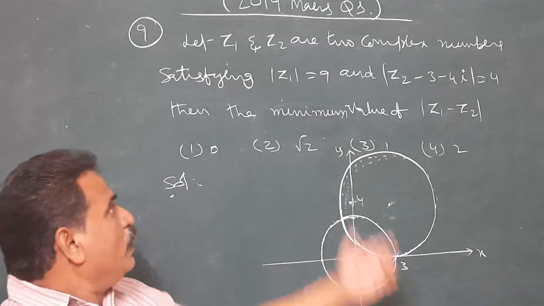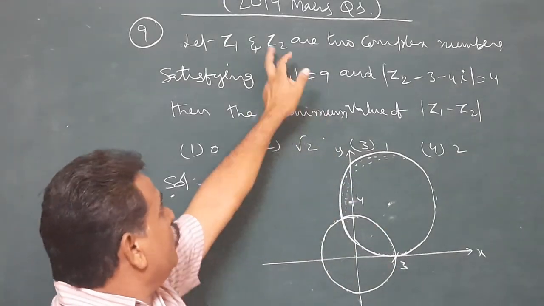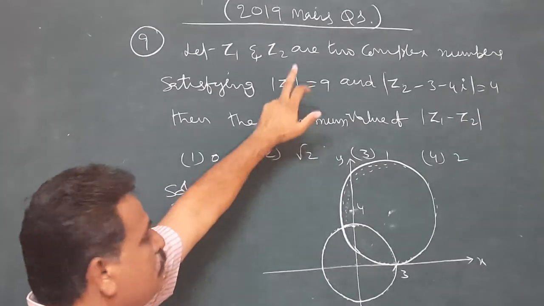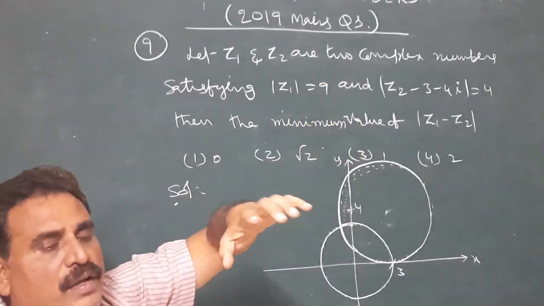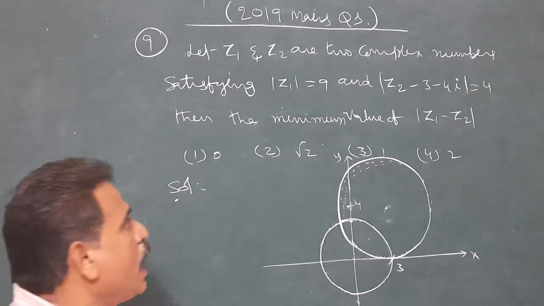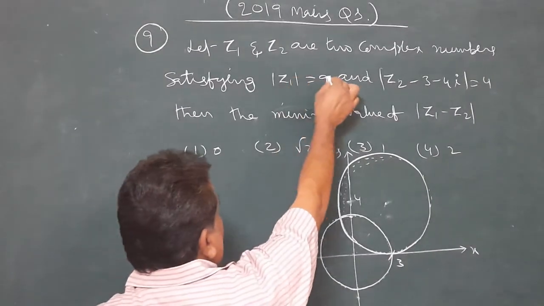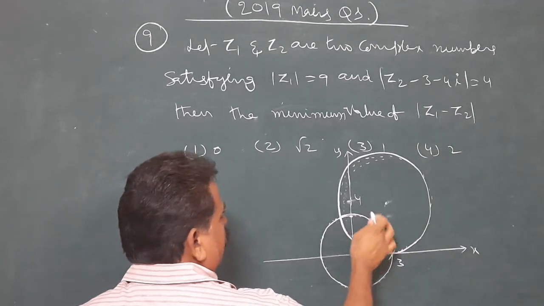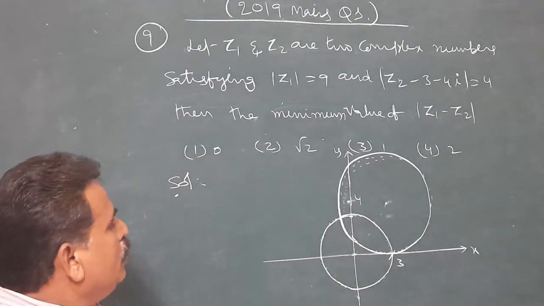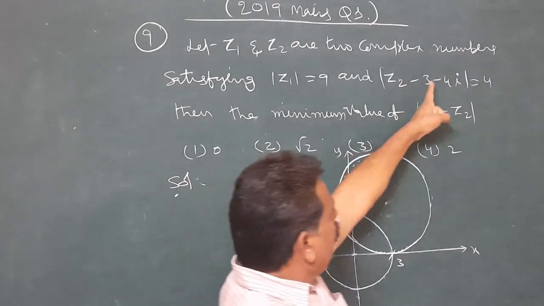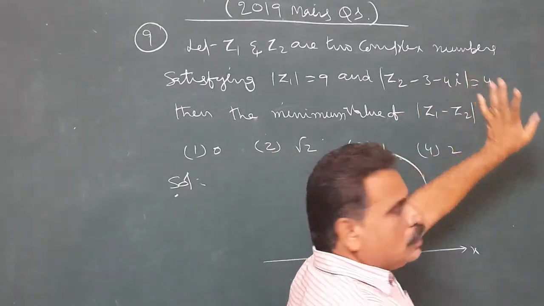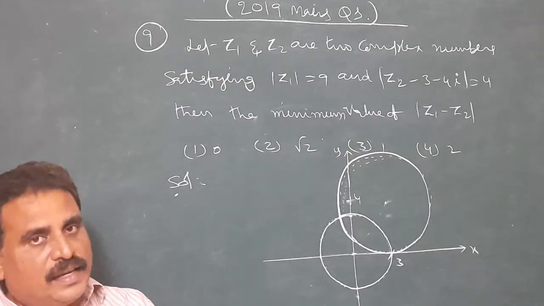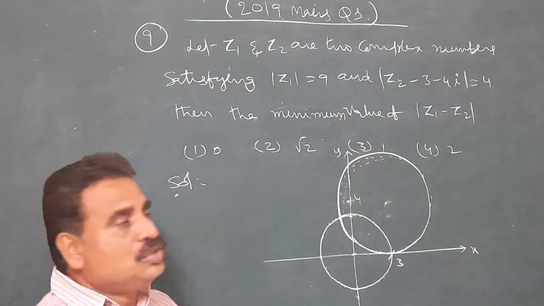Here, Z1 and Z2 are variable complex numbers. Mod Z1 equal to 3 means that Z1 is a point on the circle having center origin and radius 3. Mod Z2 minus 3 minus 4i equal to 4 also represents a circle, having center 3, 4.